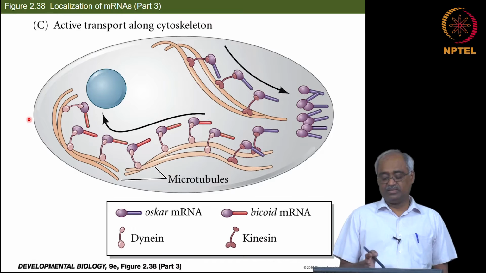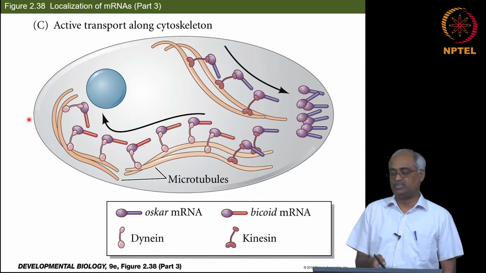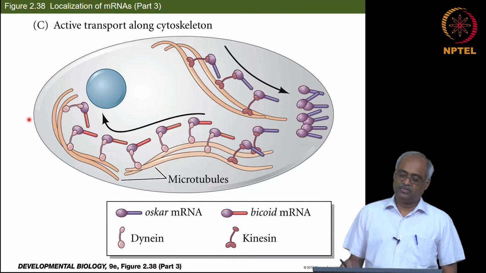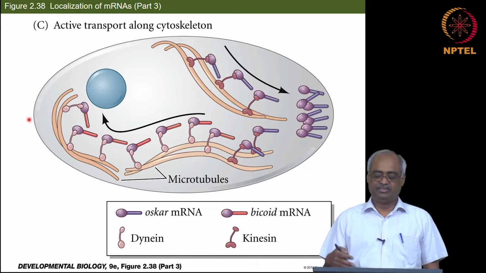So, this is how asymmetric localization happens in the very early embryo itself. In this case it is oocyte, it is not even fertilized.